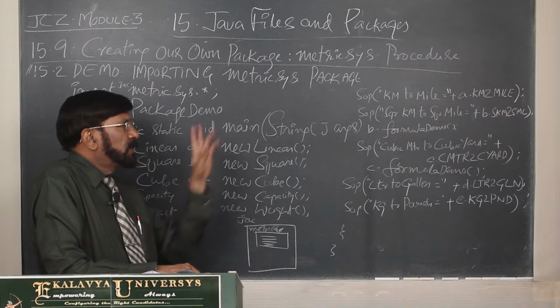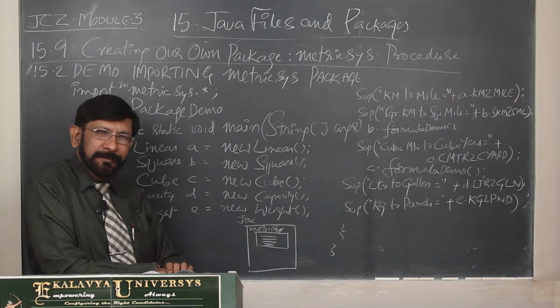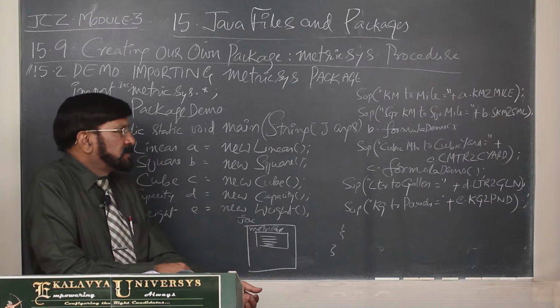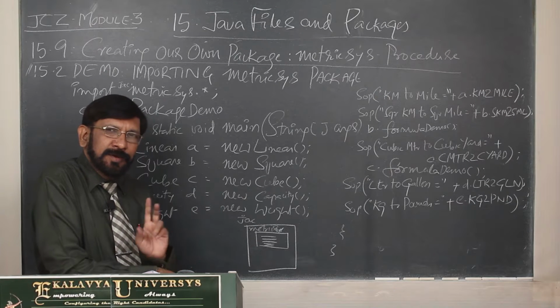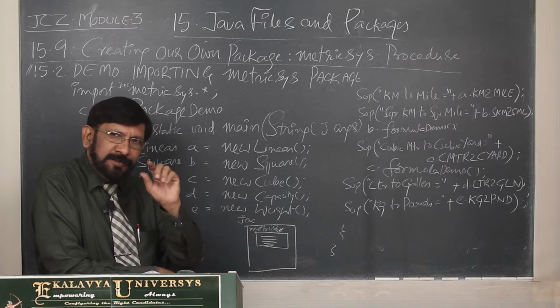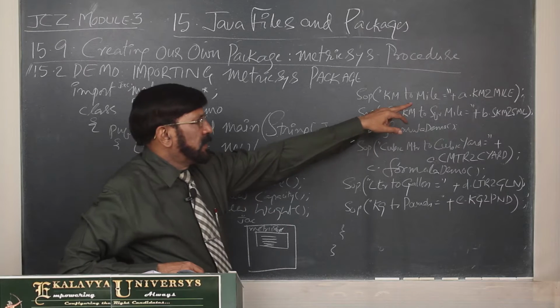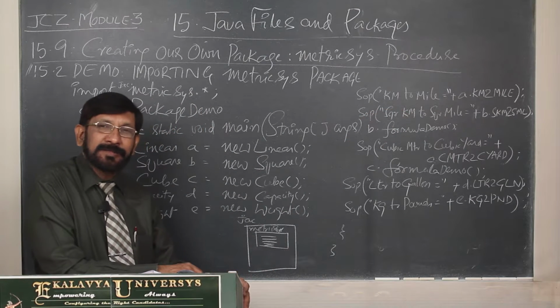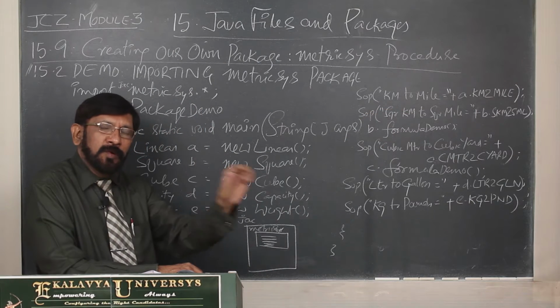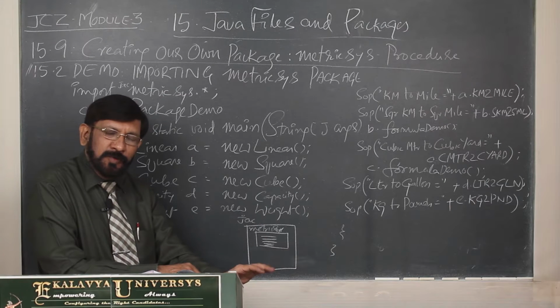Within Metricsys, the linear class is there, and within the linear class, one constant is defined, km to mile. That is called a fully qualified name.